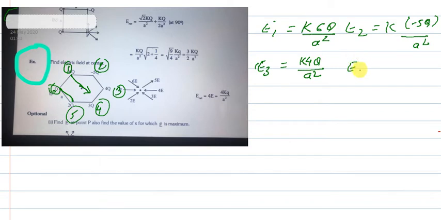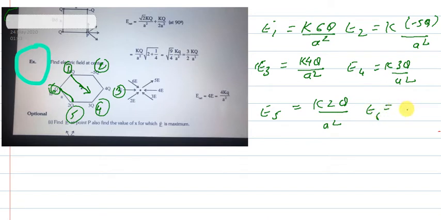Similarly E4 is equal to K into 3Q divided by A square. Now for charge number 5, E5 is equal to K into 2Q divided by A square, and finally E6 can be written as K into Q divided by A square. These 6 electric fields are there.